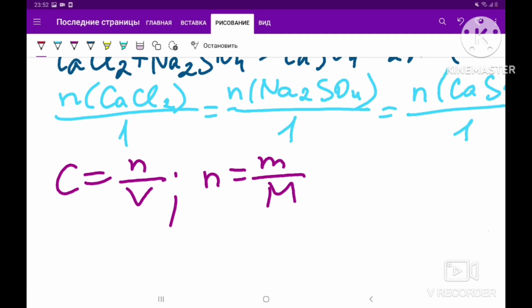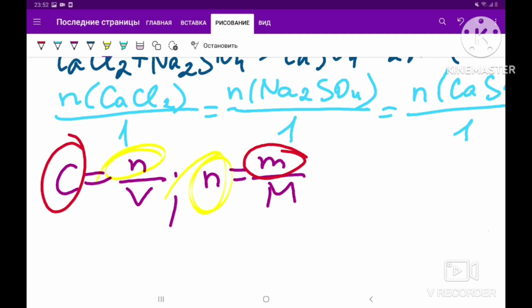In one case you need to find the volume, in the second question you need to find the mass. For both of these cases you need to find the number of moles. Let's find it now.